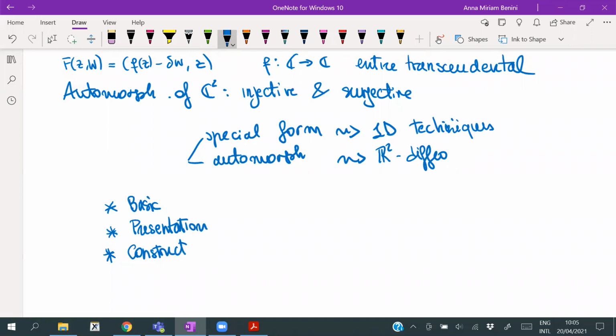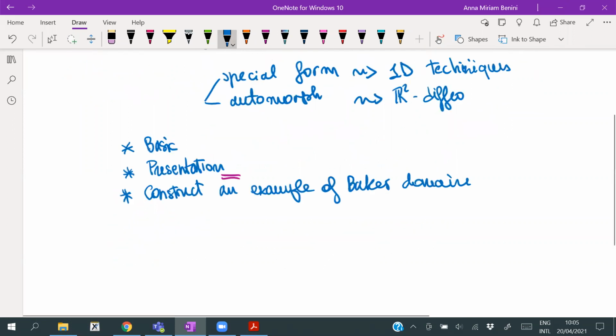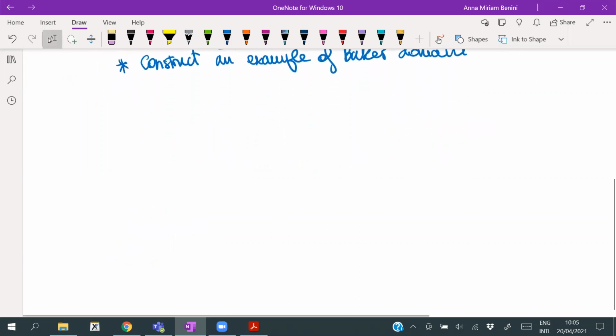I will make a break around here, which will be a bit after half of the talk, so the last part will be a bit shorter. Of course, construct just means telling you more or less how you do it, without details.